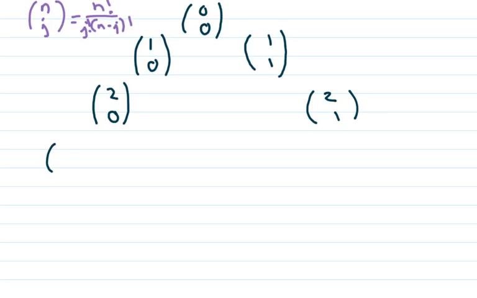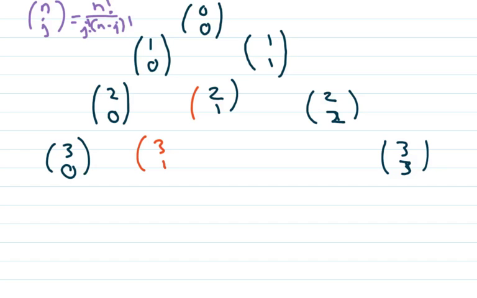This side's going to be 3, 0. This side over here is going to be 3, 1. And in the middle here, this should be 2, 2, sorry. This will be 2, 2, this will be 3, 3. And what we have is this is going to be 2, 1, and then here we're going to have 3, 1, 3, 2, and then 3, 3.